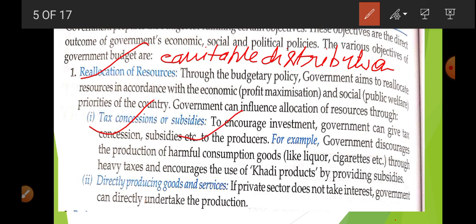So in this way there is reallocation of resources, with direct purchasing of goods and services. The government itself does the production or purchases directly from the private sector and provides it to the poor section, like vaccination, providing education, hospital facilities, public distribution system. These are examples of reallocation of resources, and it is done so that everyone is able to fulfill their basic requirements.